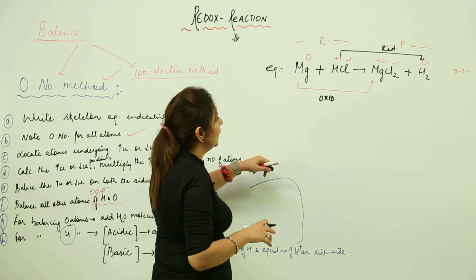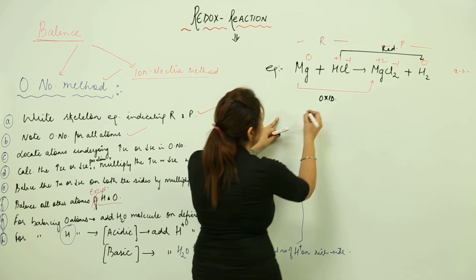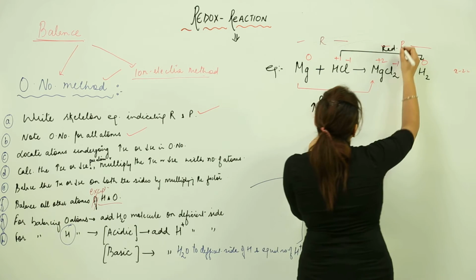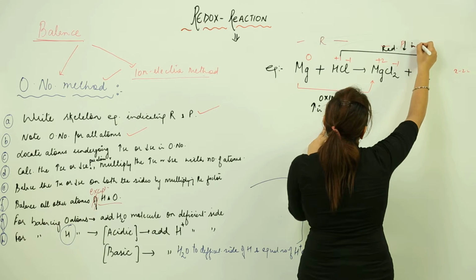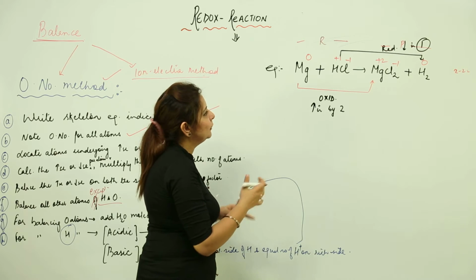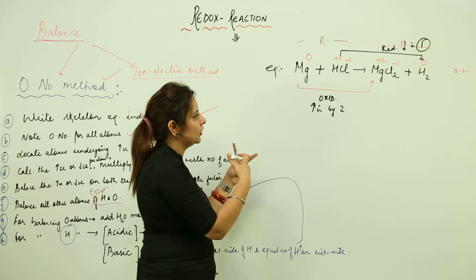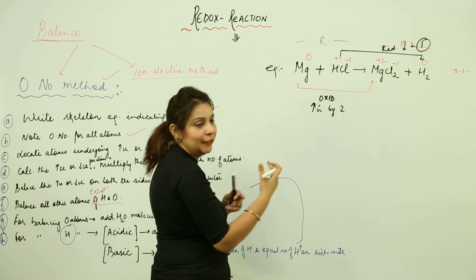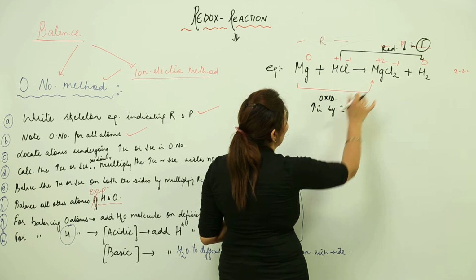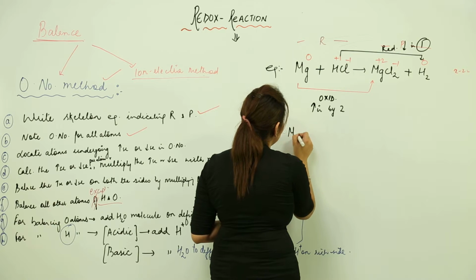Now there is an increase in oxidation number by 2 and a decrease in oxidation number by 1. So I need to balance the total increase with the total decrease. This is 2 and this is 1.